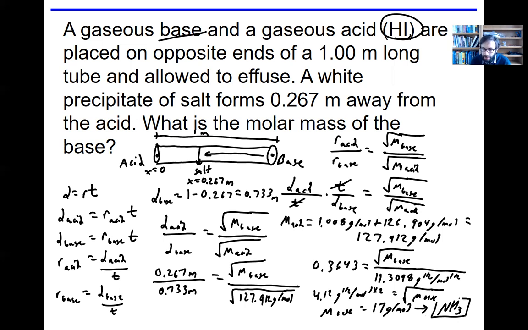So we can actually figure out the identity of our base, although strictly speaking, the question was just asking us for our molecular weight. This is one way you could figure out the identity of an acid or a base using this tube idea.